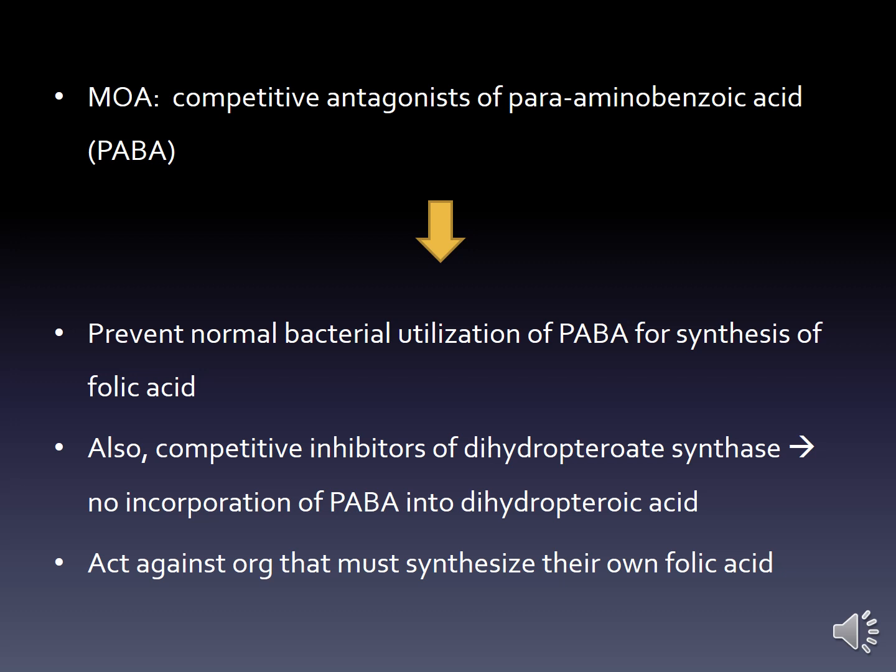At the same time, it is also a competitive inhibitor of your dihydropteroate synthase. So it will also prevent incorporation of your para-aminobenzoic acid into your dihydropteroic acid. So these agents, your sulfonamides, will act against organisms that need to synthesize their own folic acid.